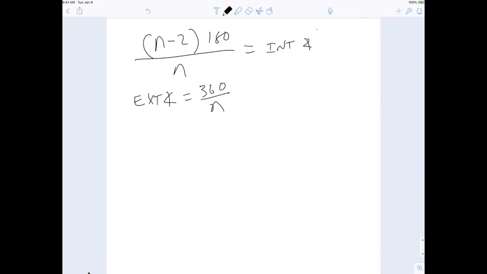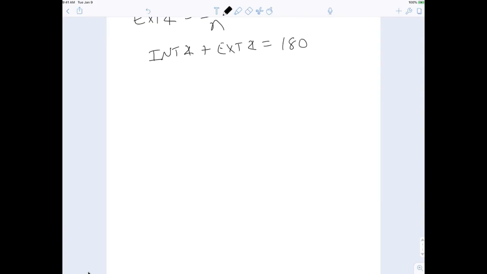Now, what's true about the interior angle and the exterior angle? The interior angle plus the exterior angle is always equal to 180 degrees. So if I said to you, what is the interior angle of a polygon with 9 sides?